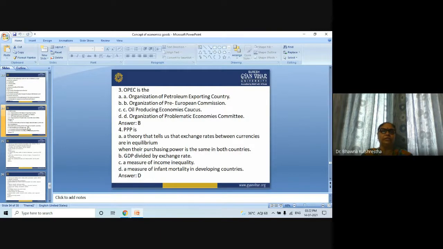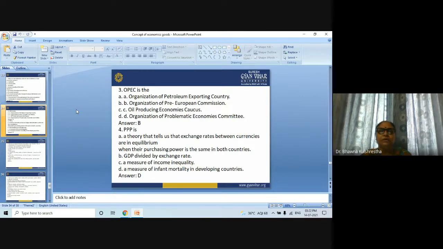Next question is OPEC is the Organization of Petroleum Exporting Countries, Organization of Pre-European Commission, Oil Product Producing Economies, or Organization of Problematic Economies Committee.